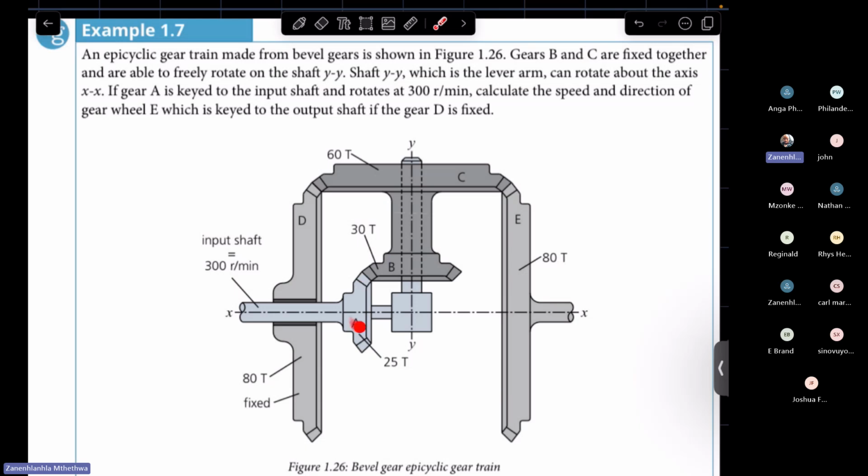Its sole purpose is to fit the input shaft. For this system, to make the gear ratios or gear reductions work, the input shaft is fitted onto the external gear. So gear A here would be regarded as an external gear, and this external gear would always be fitted with the input shaft.